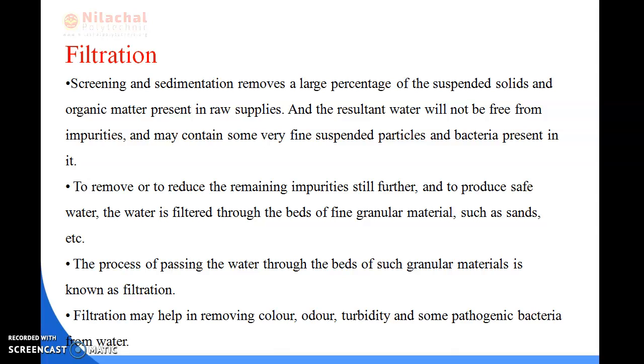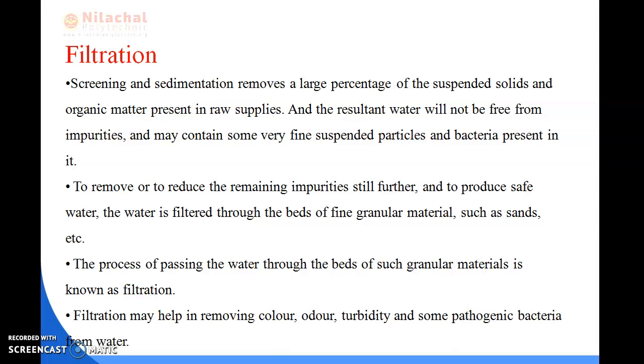Screening and sedimentation remove a large percentage of the suspended solids and organic matter present in the raw supplies, but the resultant water will not be free from impurities and may contain some very fine suspended particles and bacteria.